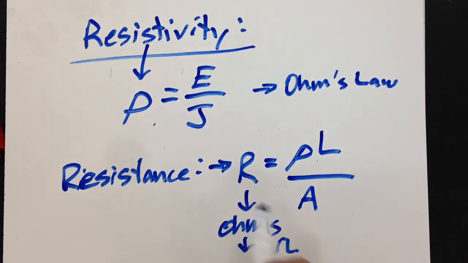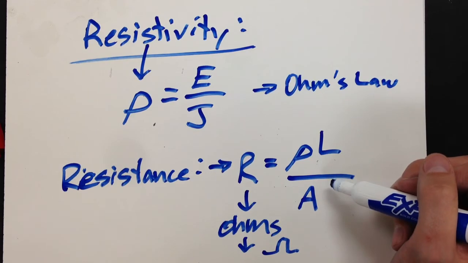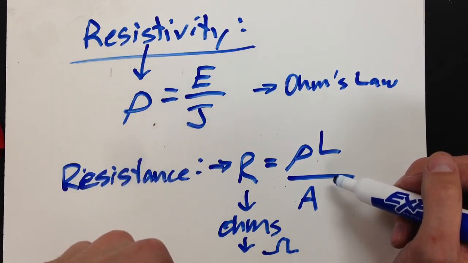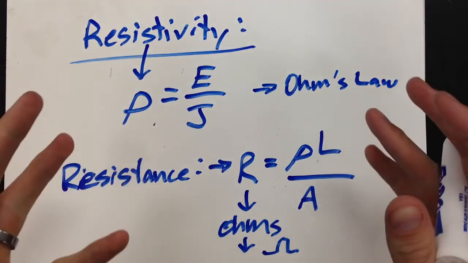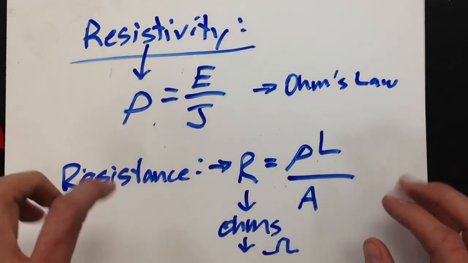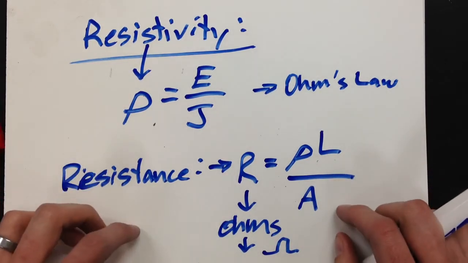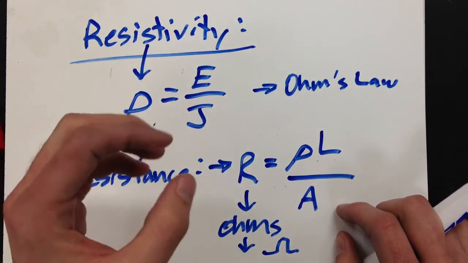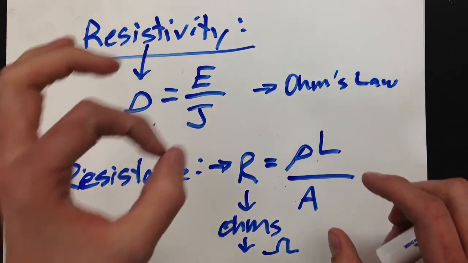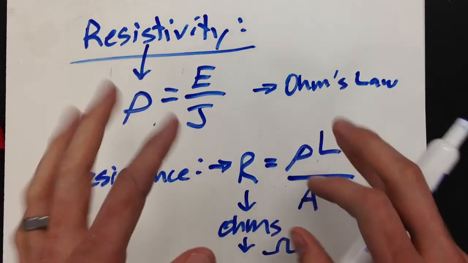Omega, ohms. And so if you look, as you up the cross-sectional area of your wire, you decrease the amount of resistance. Think about a fiber optics cable or a phone cable or something like that. A phone line doesn't really need to be very thick because it's not transferring a lot of information. But a cable transferring high-speed data needs a thicker or a larger cross-sectional area because it's transferring a lot more information.